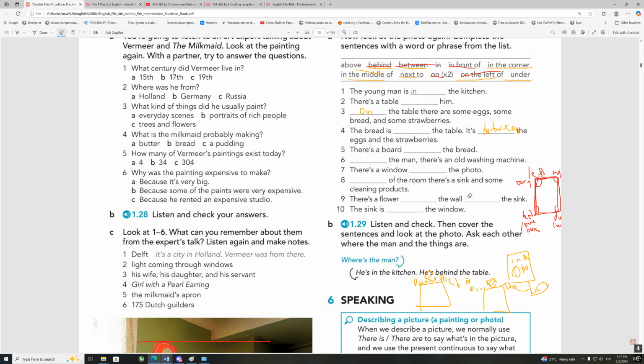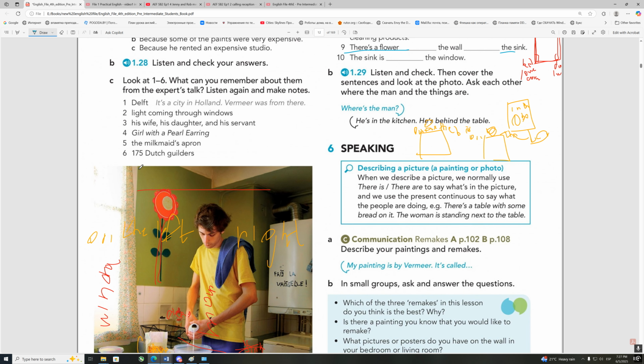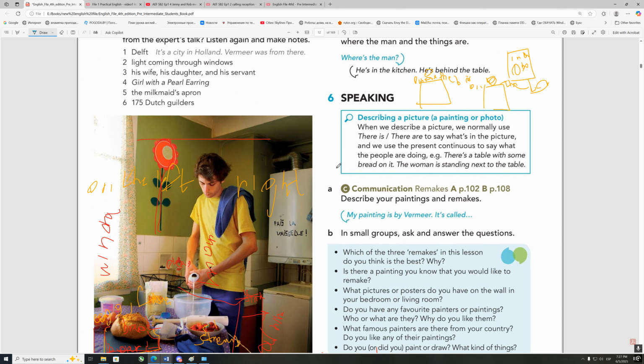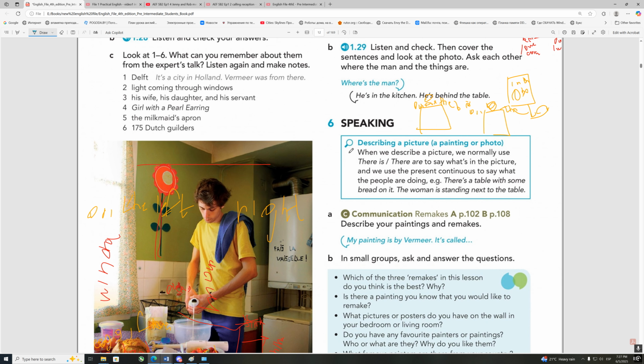Number 9. There is a flower. Think about number 9. Flower. Do you see where is the flower? Where is the rose? The rose is red. There is a flower, the wall, and the sink.